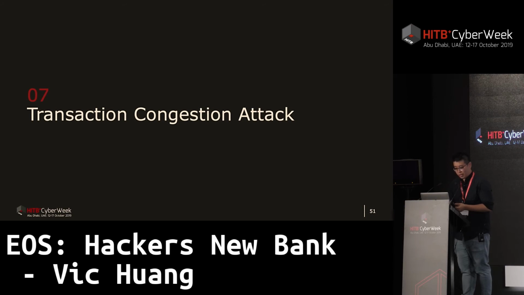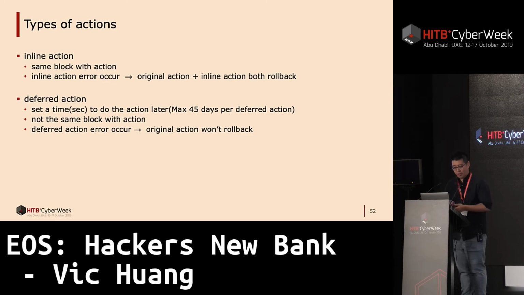The next one is the transaction congestion attack. We have mentioned two kinds of actions. The feature of the deferred action is that you can book actions, and they will be triggered after some time.